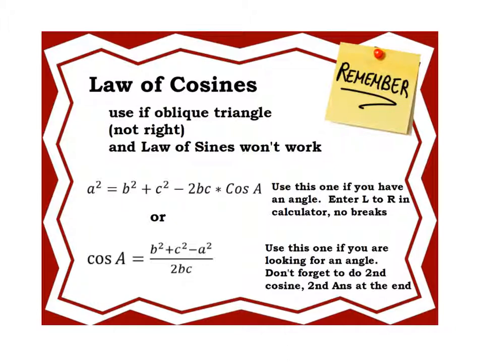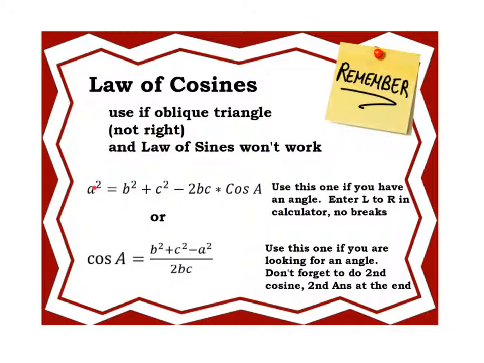There are two formulas, and I will give you all these formulas on your test. You don't have to keep track of these formulas. Depending on if you're looking for a side or an angle: on this first one, I'm looking for a side, because it says little a squared equals b squared plus c squared.